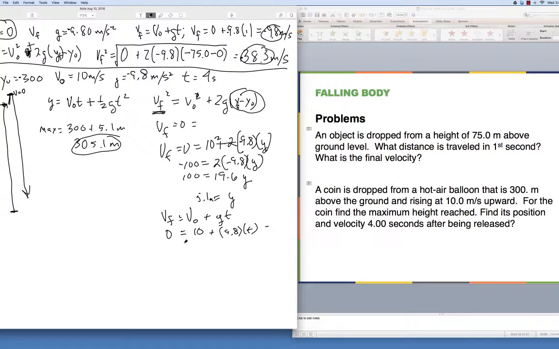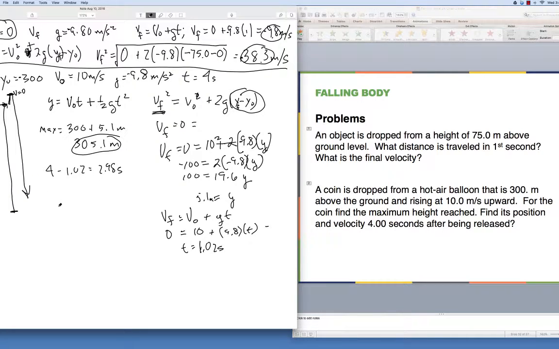And so t is going to be just a little bit over 1 second. So it's 1.02 seconds. So it falls from 305.1 meters, and the falling time is going to be 4 minus 1.02, or 2.98 seconds.